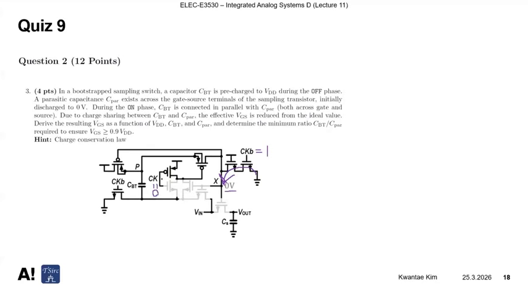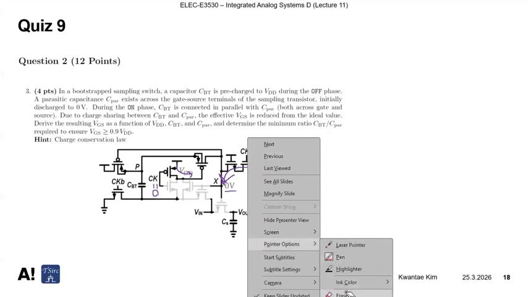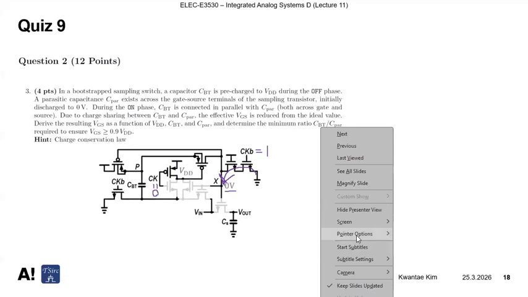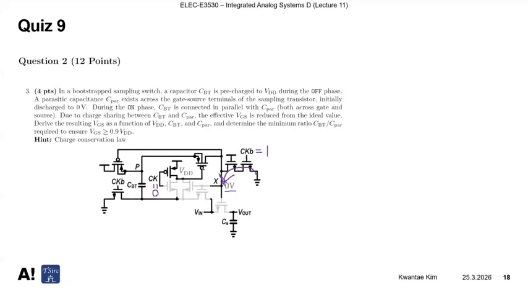And if the clock is 0, then this PMOS transistor provides VDD. Let me erase it. So VDD goes to this PMOS transistor, then this one is also turned off, such that it is providing 0 volt and clock bar is 1.